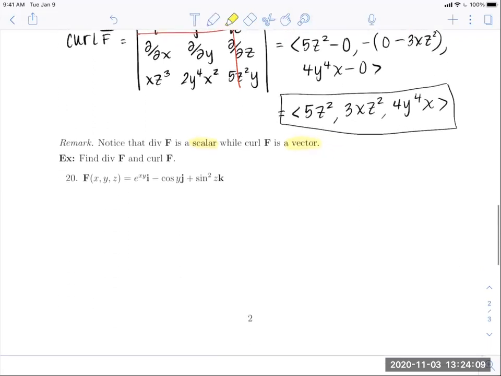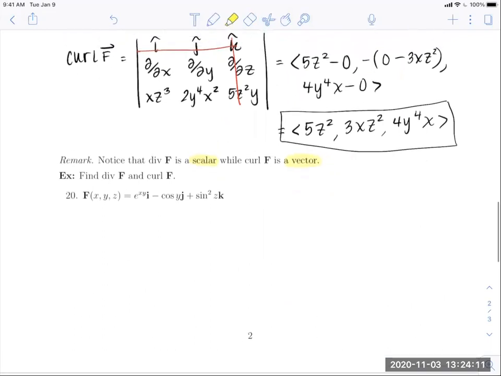So let's do one more example of computing divergence and curl. So let's start with divergence. It's quicker to compute. All right, so for the divergence, I want to take the partial with respect to x of my first component function. The chain rule is going to kick out a y, and then I have my e to the xy. Then I always add the partial of the second component function with respect to y.